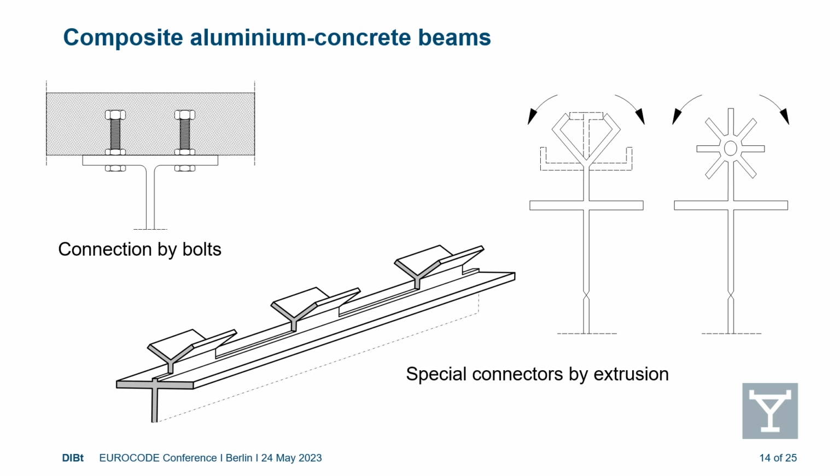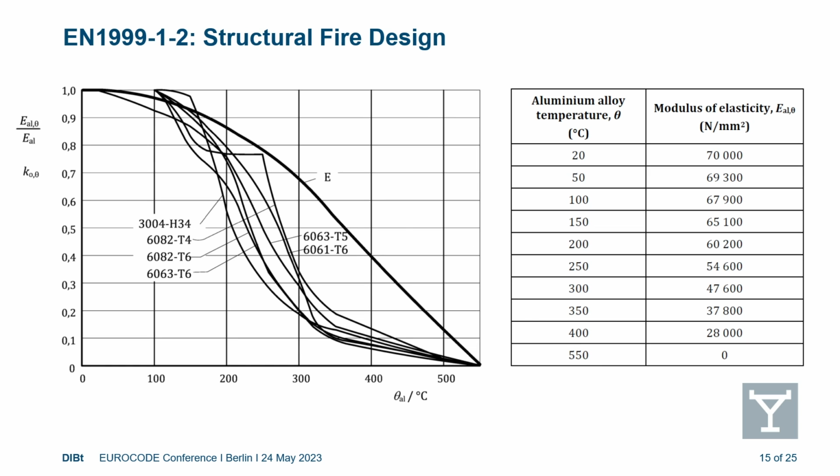And this is the reason it has been included by means of an informative annex, of course, in Part 1.1 of Eurocode. The other parts have been just marginally modified.